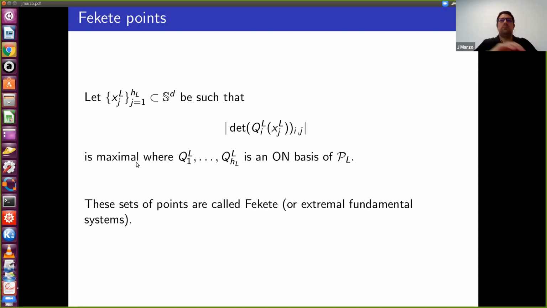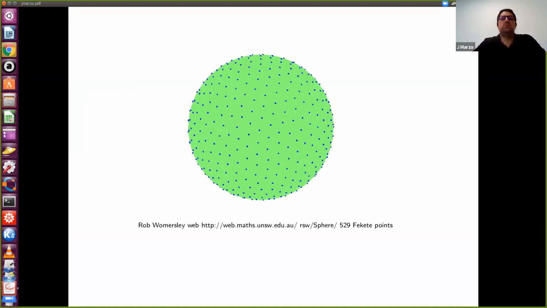These points are very good for interpolation, and we are going to see now why, but first I will show you some pictures. These are 129 Fekete points from one of the Womersley lists, and I downloaded the points.